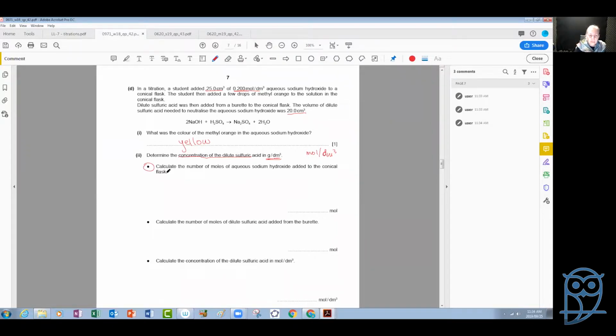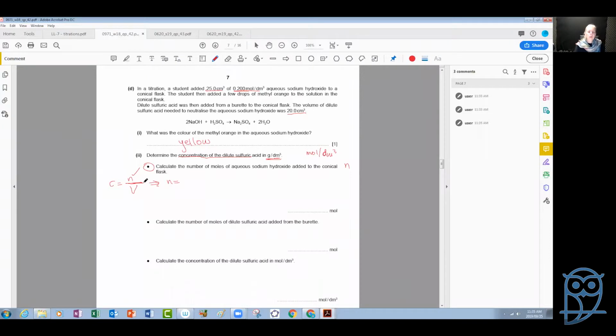And we are asked to find the number of moles, in other words, the n, the amount of sodium hydroxide in the conical flask. And in general, what is the formula that gives us the concentration of a solution? The concentration of this sodium hydroxide in the solution is number of moles, the amount, divided by the volume of the solution. And here we just need to solve for n, because this is what they ask in this part.